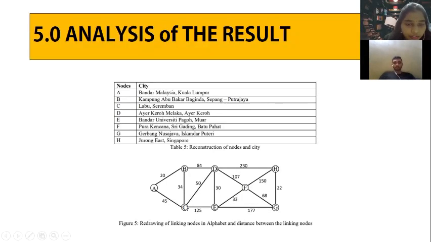From this figure, we can know Bandar Malaysia, Kuala Lumpur to Labu, Seremban, and then it goes to Air Keruh, Melaka, and then Bandar University, Pago, and then straight away to Pura Kencana, Sri Gading, Batu Pahat, and then it goes to Gerbang Nusa Jaya, Iskandar Putri, and lastly it will reach our destination Jurong East, Singapore.